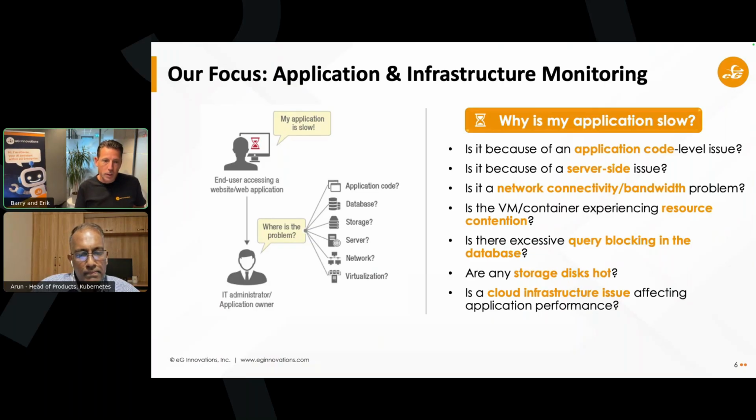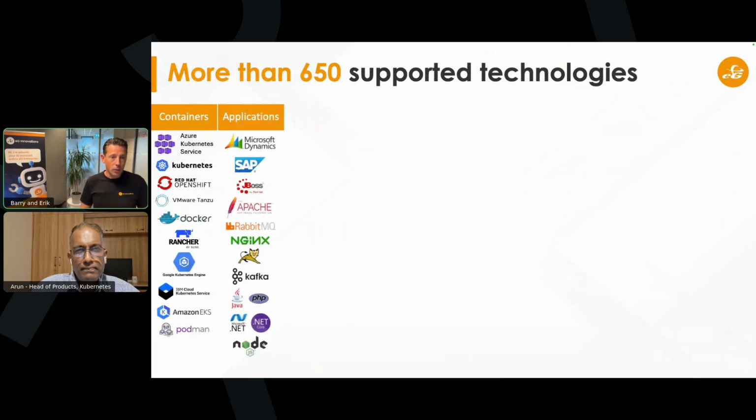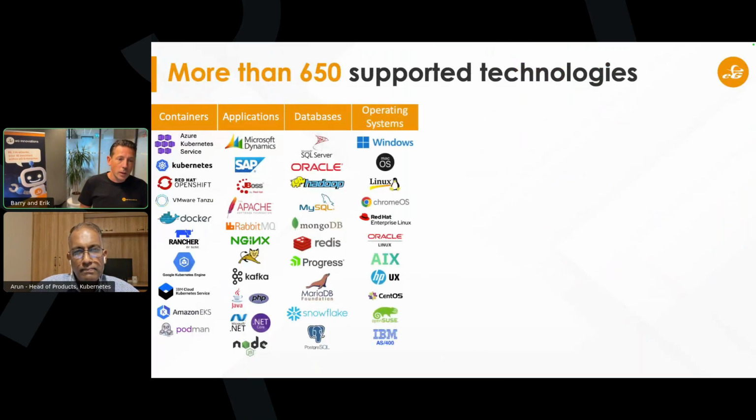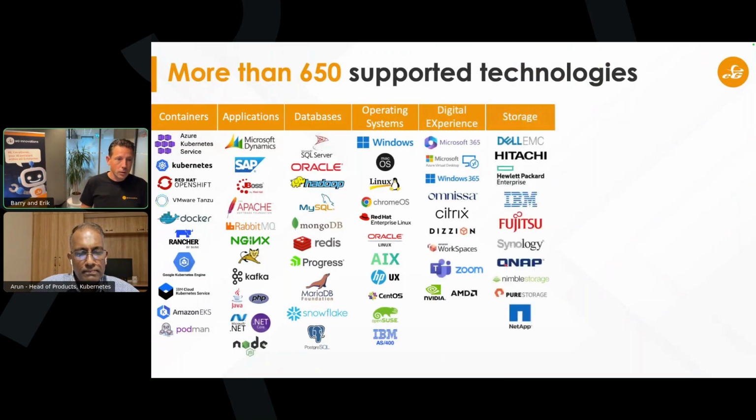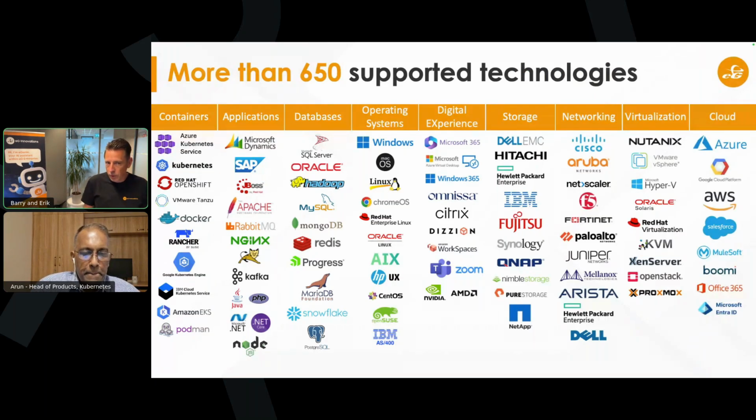To make sure that we can really answer that question, like why is my application slow, we have built within our solution domain expertise for more than 650 technologies. That means that we have built at the level of where a point solution would be for each of those technologies, but from one single pane of glass within one solution.